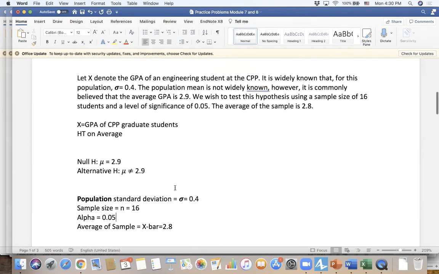Okay, so now with everything that is given to you here, what is the very first thing that we have to recognize in every problem? If it's a test on the average or proportion of a characteristic of interest, and that's average. Okay, that's out. What is the next important question? Sample size.